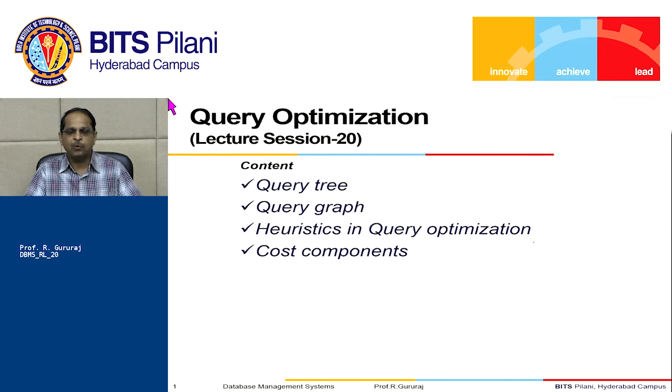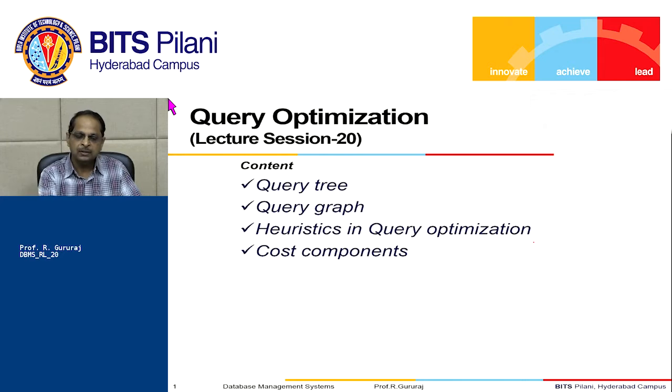This we call query optimization. Then, after identifying the more reasonable effective strategy, the code is generated where the query can be executed. Now in this session, lecture session 20, let us focus on the query optimization part.